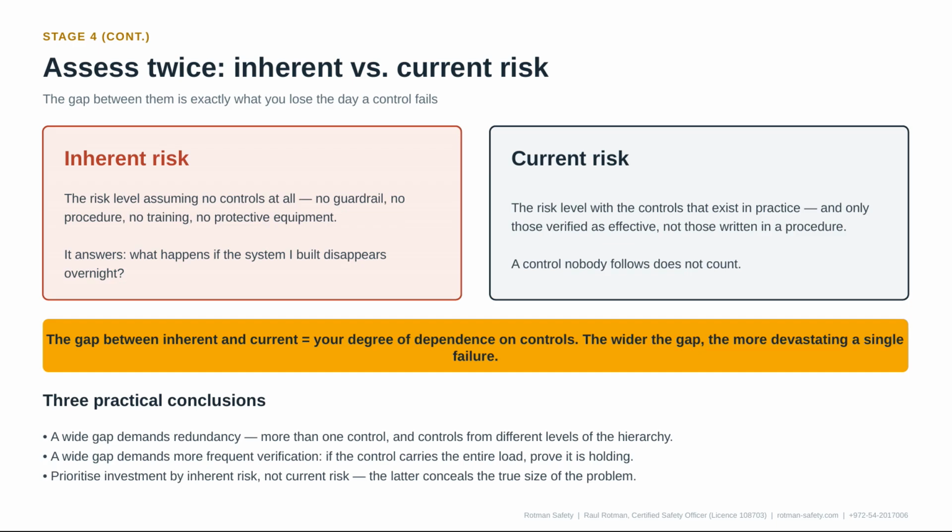And we assess twice. Inherent risk is the level assuming no controls at all. Current risk is the level with the controls that exist in practice and have been verified as effective. A control that nobody follows does not count. The gap between the 2 is your degree of dependence on controls, and it is exactly what you lose the day a single control fails.